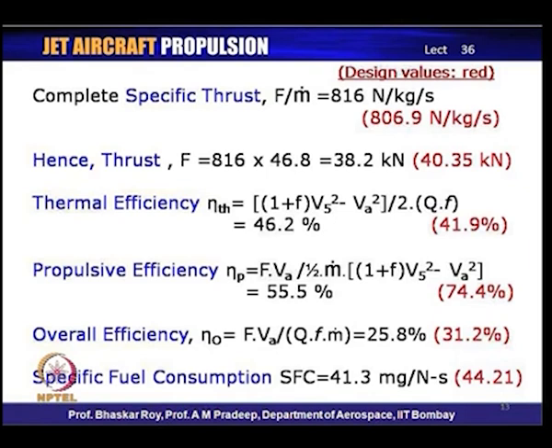Now, these two efficiencies together essentially yield the overall efficiency. Actually, the overall efficiency could essentially be the multiplication of the earlier two efficiencies. However, we can use the original efficiency definition, which is the thrust work divided by the energy put in by the burning of the fuel, and this yields an overall efficiency of 25.8%, which as you can see here is lower than the overall efficiency of the engine at the design point, which tells us that the engine is now working at a lower efficiency compared to the design point.